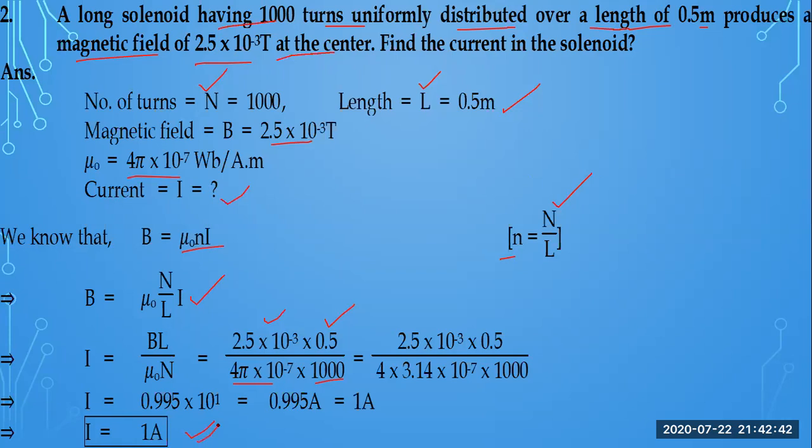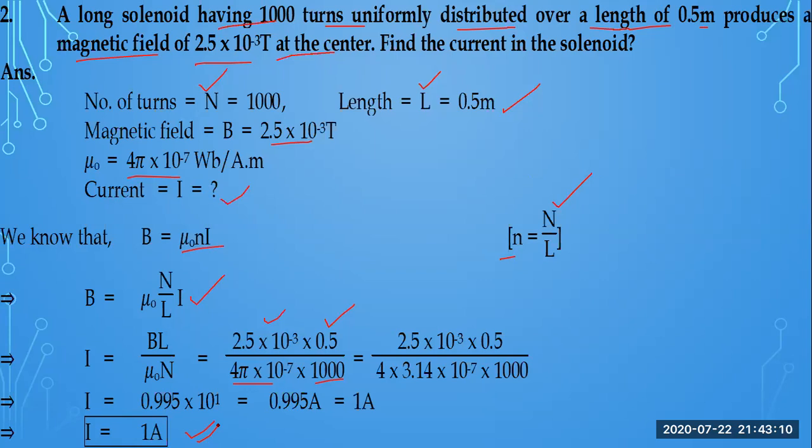So by using this technique, you have calculated the current flowing through the solenoid. What was the question? If you look back from the start, the question is a long solenoid with 1000 turns uniformly distributed over a length of 0.5 meter produces a magnetic field of 2.5 multiplied by 10 to the power minus 3 Tesla at the center.